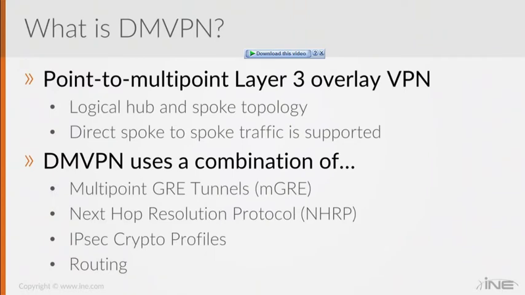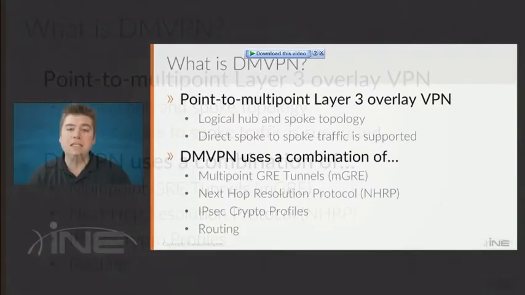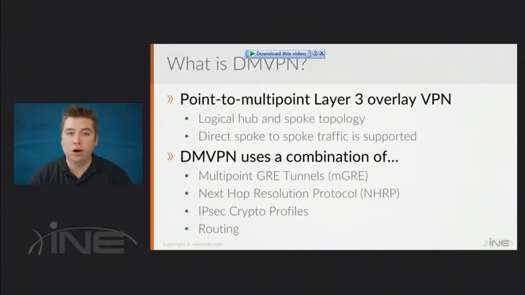From a logical point of view, we'll see that DMVPN behaves as a hub and spoke type topology, but it's also going to support direct spoke-to-spoke traffic patterns. This is fundamentally different than some of the previous non-broadcast multi-access technologies like Frame Relay or ATM, where it was mainly up to the service provider, through provisioning, to determine the actual traffic patterns that would forward through the network.